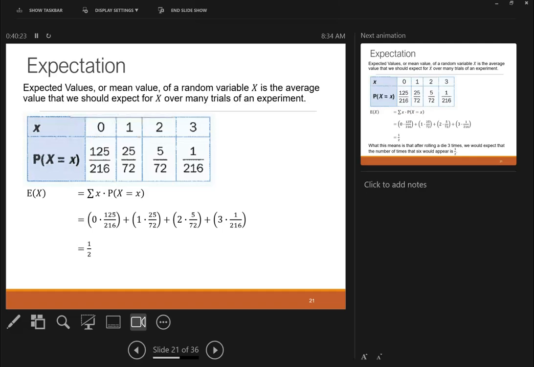What that would say is that on average, if I rolled a die 3 times, I would expect to get half of a 6. Or that the number of 6s I expect to get is 0.5.